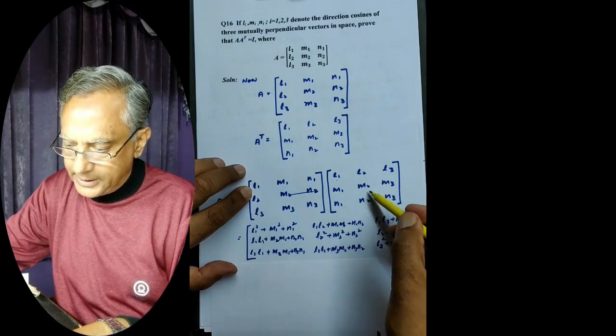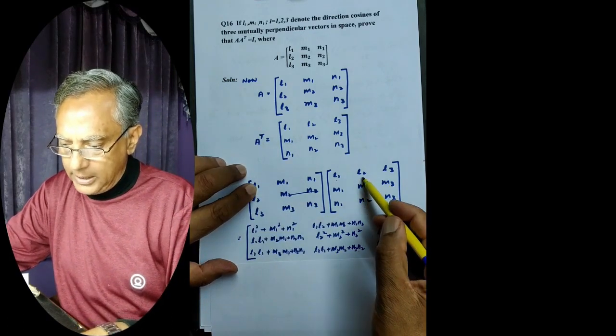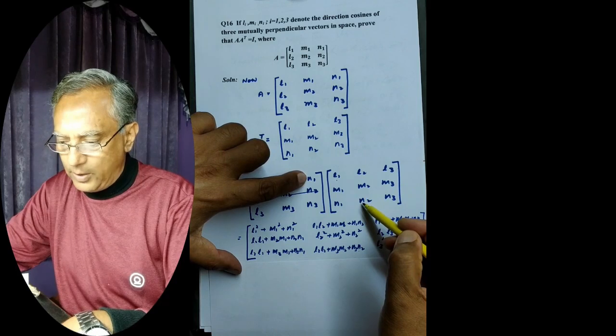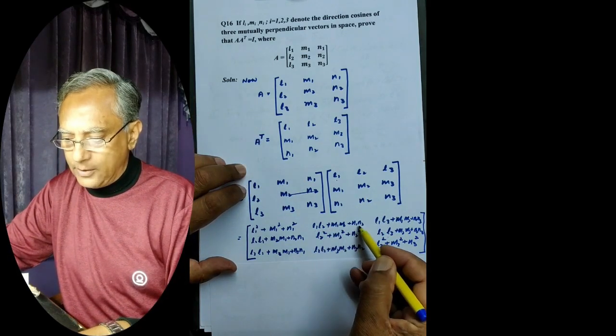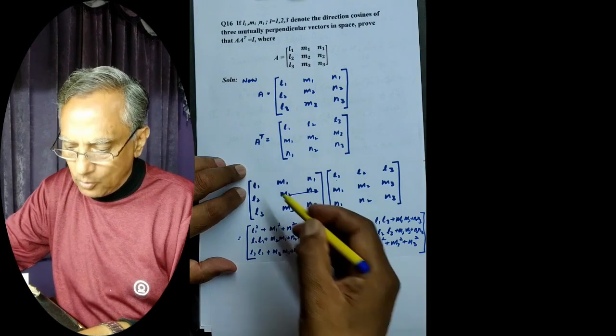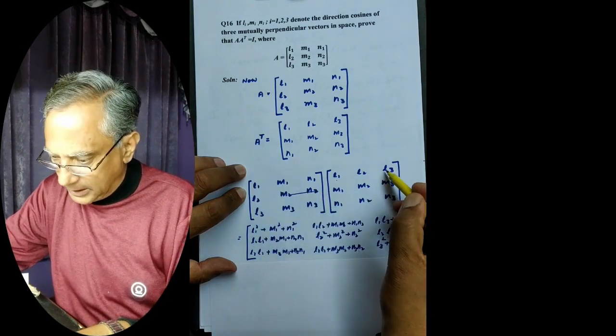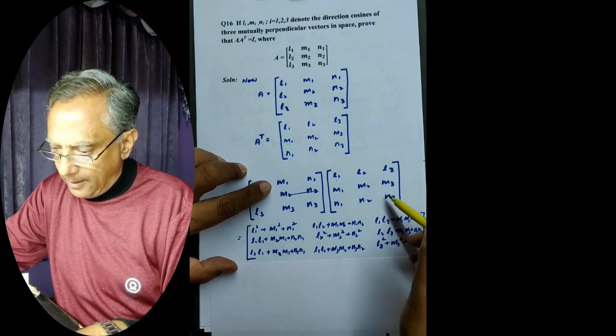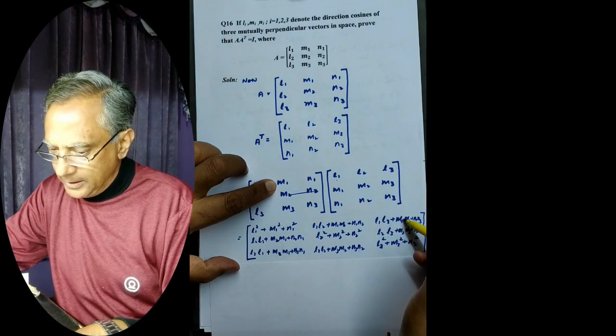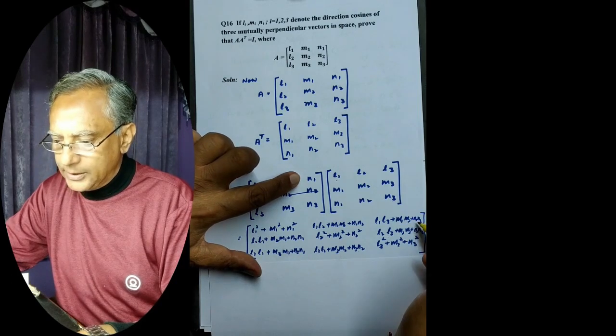First row with second column: L1 L2 plus M1 M2 plus N1 N2. We get this entry. First row with the third column: L1 L3 plus M1 M3 plus N1 N3.